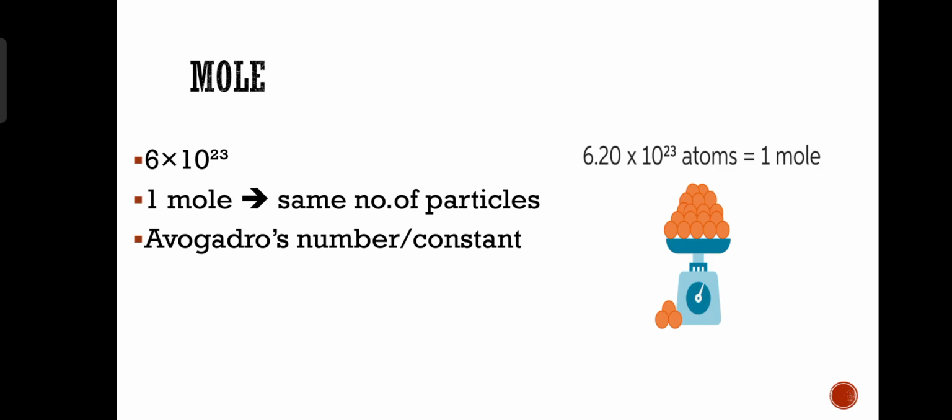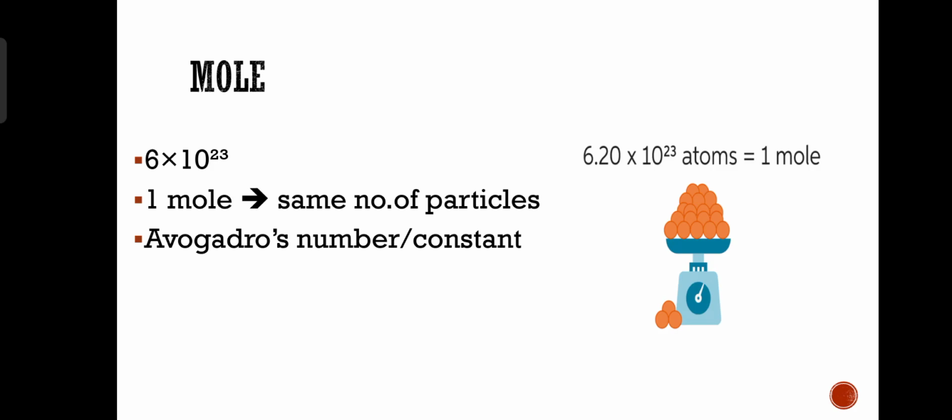So let's say if you want to calculate the number of atoms in one molecule of sodium chloride, then you can't do that. So simply what you will do, you will use a unit mole to count particles.